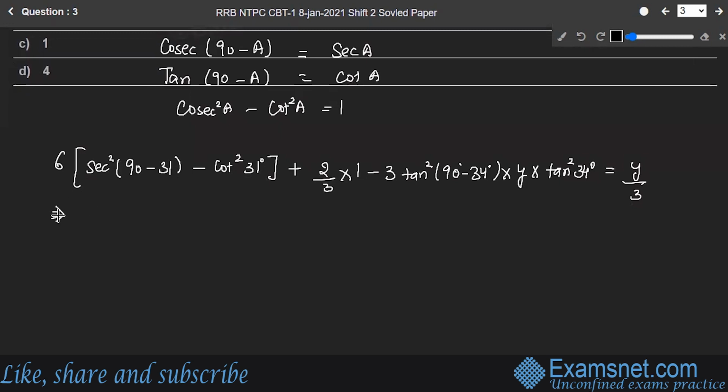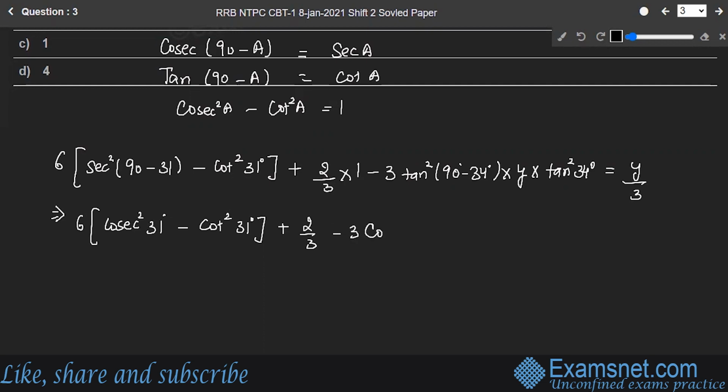Let's move it further. Secant will be changed into cosecant square 31 minus cot square 31 plus 2 by 3 minus 3.